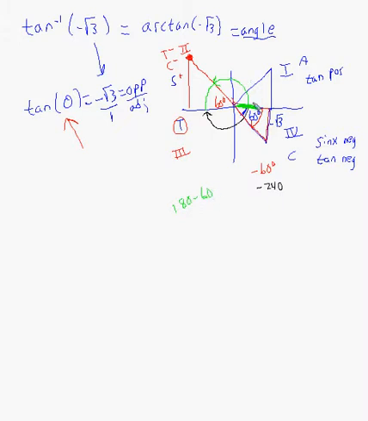So 180 degrees would be from here all the way to here, the negative side of the x-axis. But because I wanted to stop at this terminal side here, I can think of it as 180 is too far. Let's back up 60 degrees. So what is this? 120 degrees would be another angle for which the tangent comes out to be negative square root of 3.